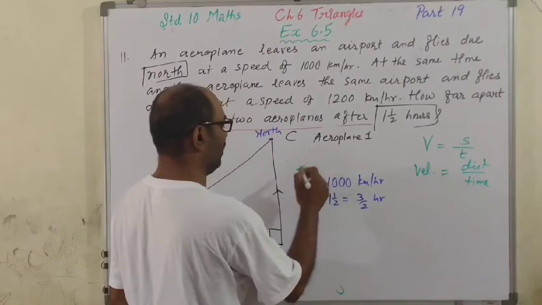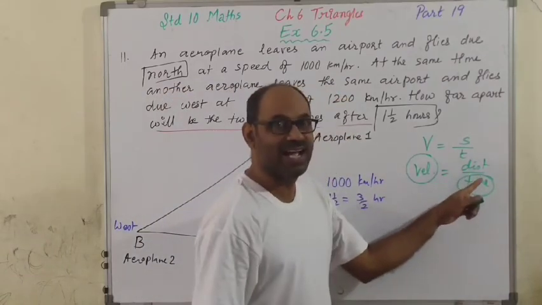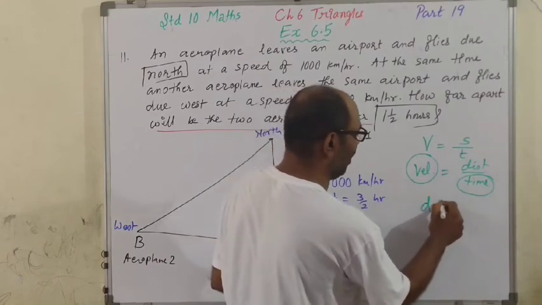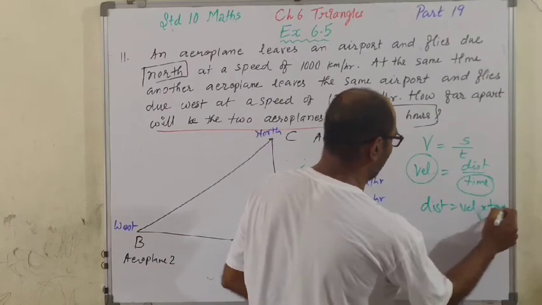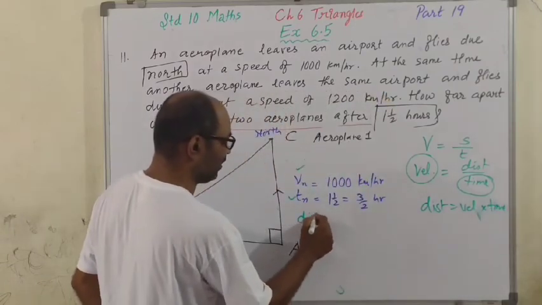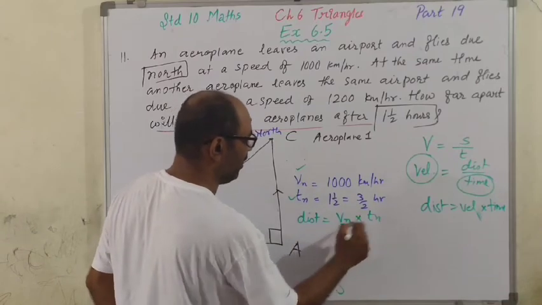We have velocity and time, so we will get the distance. So distance is equal to velocity into time. I'll write here, distance is equal to Vn, velocity, into Tn.